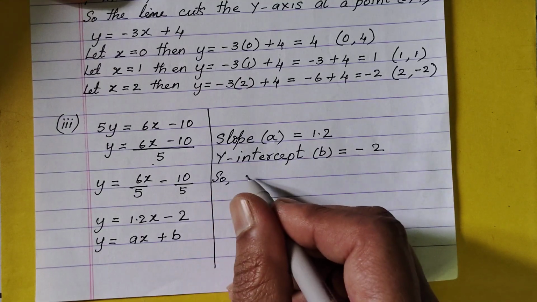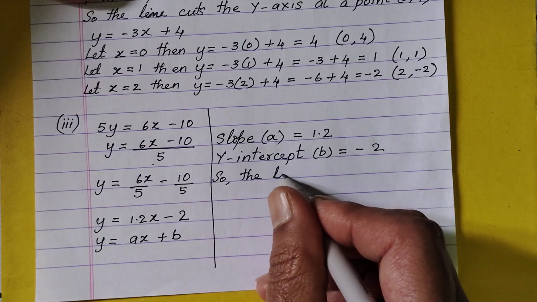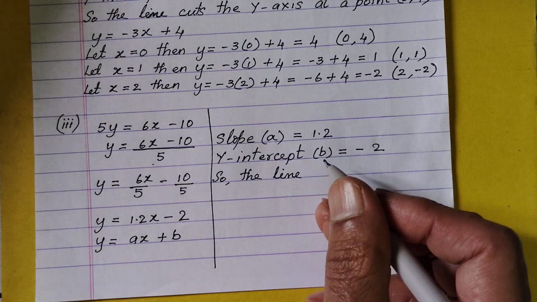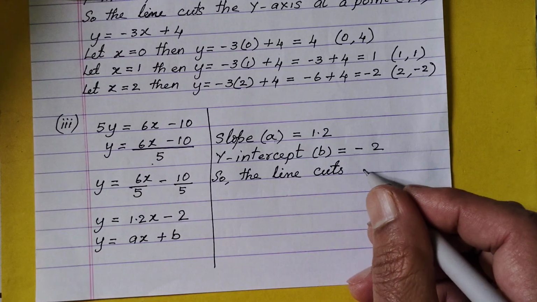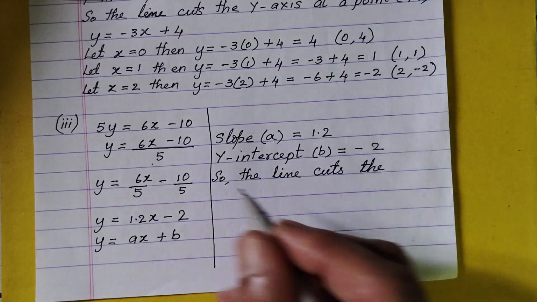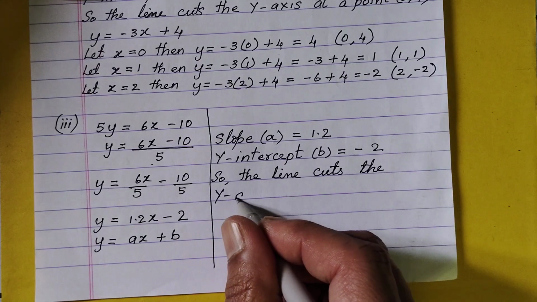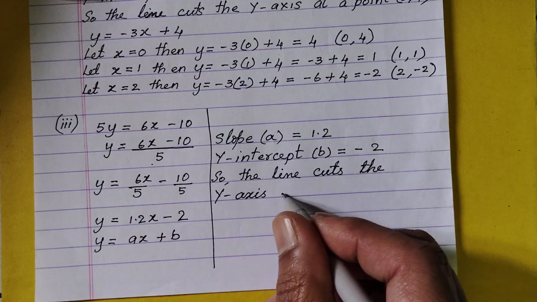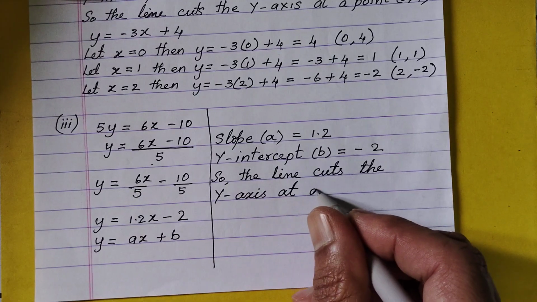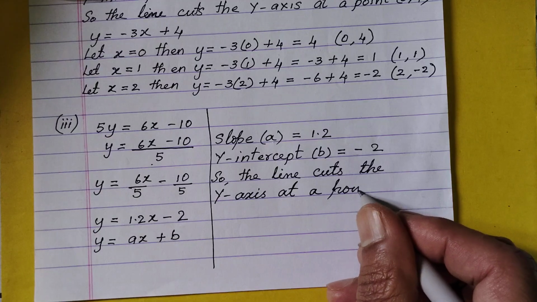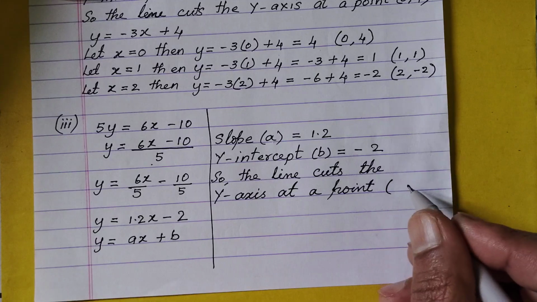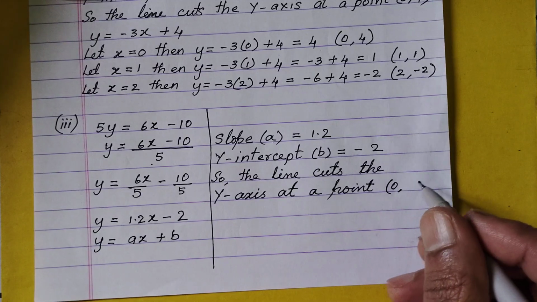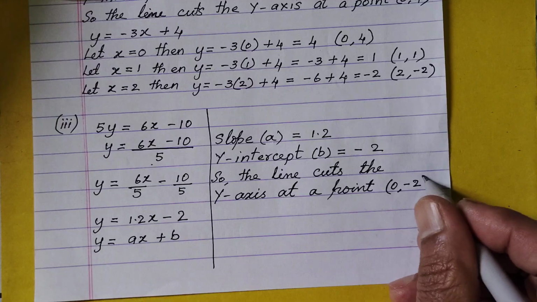So the line cuts the y-axis at a point (0, minus 2). So now we will try to draw the graph of that.